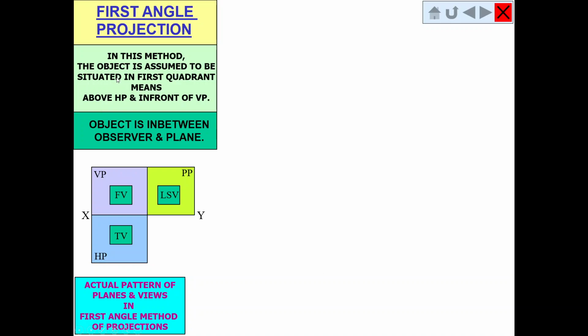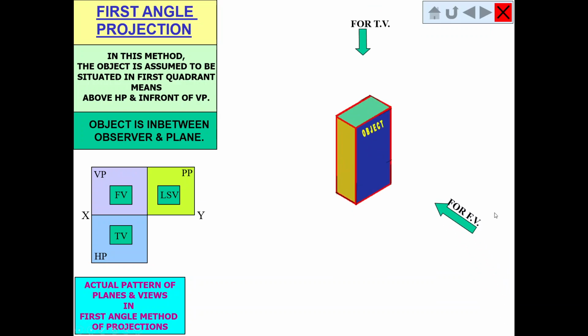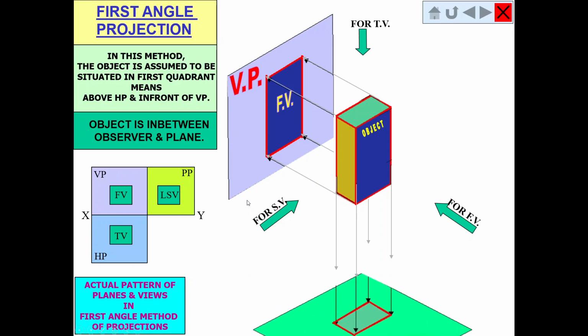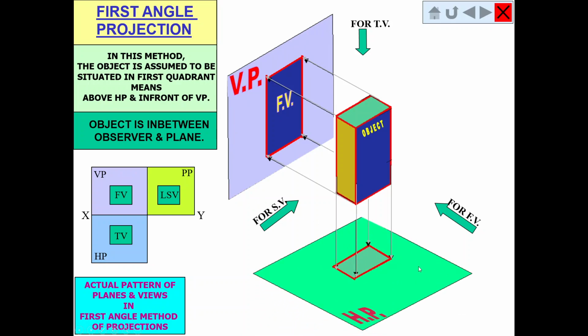In this method, the object is assumed to be situated in the first quadrant, meaning above the HP and in front of the VP. As you can see, this is the object, this is the front view direction, this is the top view direction and this is the side view direction. The object is situated in the first quadrant, where this is your vertical plane and this is your horizontal plane.